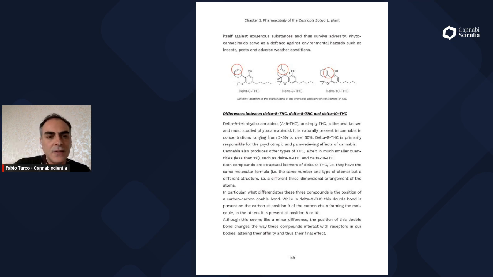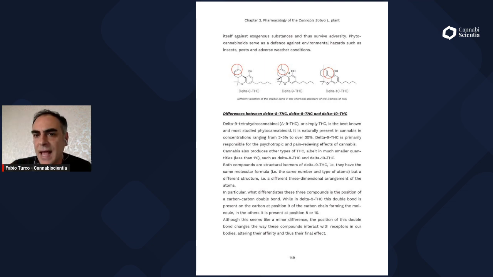So what is different is the three-dimensional structure, because these three compounds, delta-8, 9, and 10 THC, possess the same number and kind of atoms inside their structure. In particular, what differentiates these three compounds is the position of a carbon-carbon double bond. While in delta-9 THC this double bond is on the carbon at position 9 of the carbon chain forming the molecule, in the others it is at position 8 or 10. And you can see these differences in the images here above.